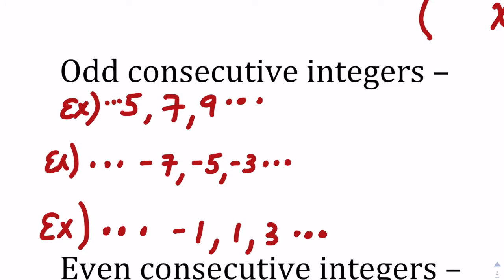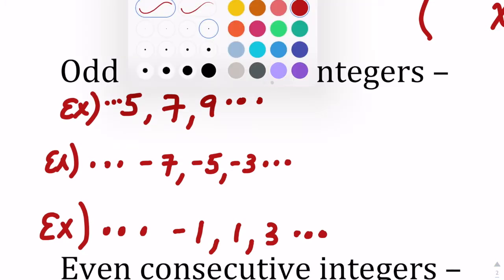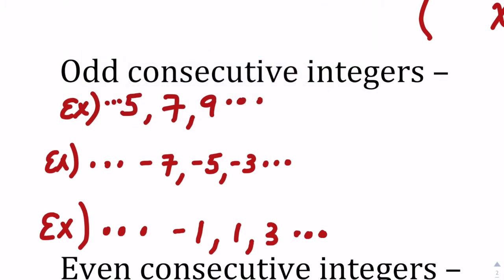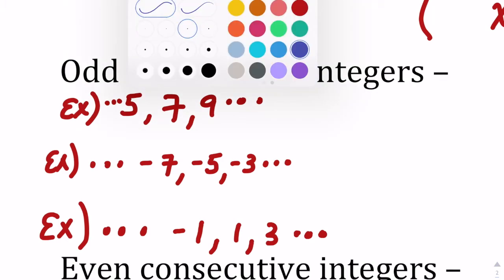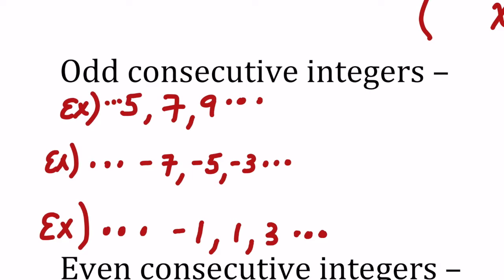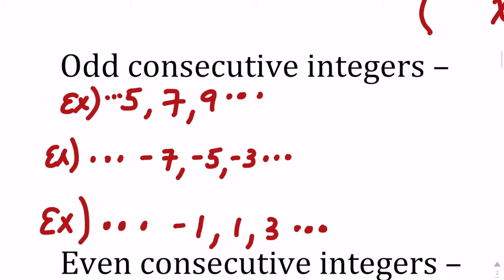So now I want you to think about the gaps in between them. If we are talking about the gaps between them, how do you go from here to here? You add 2. How do you go from here to here? You add 2. How do you go from here to here? You add 2.